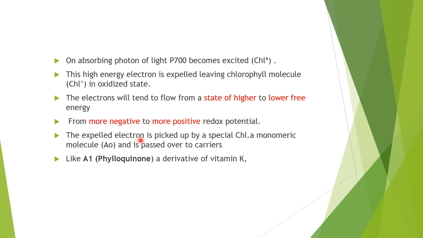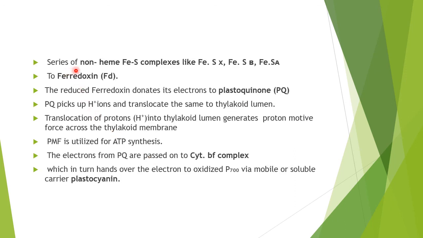The expelled electron is picked up by a special chlorophyll A monomeric molecule A0 and is passed over to carriers, phylloquinone A1, a derivative of vitamin K. And then there is a series of these carriers, and then to ferredoxin, and then to plastoquinone, and then plastoquinone helps us in the picking of the protons and translocates them to the thylakoid lumen.